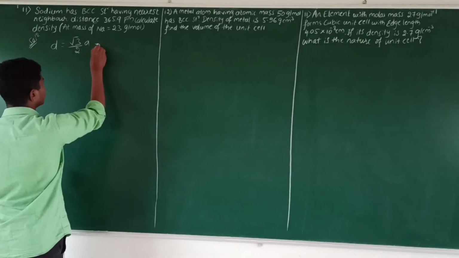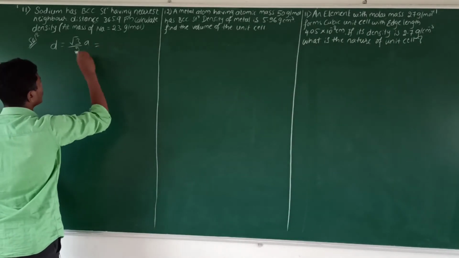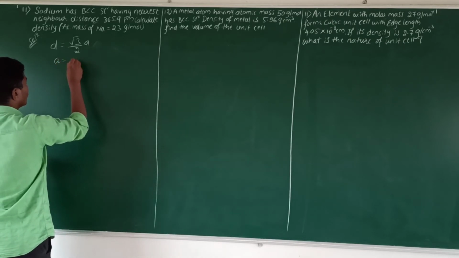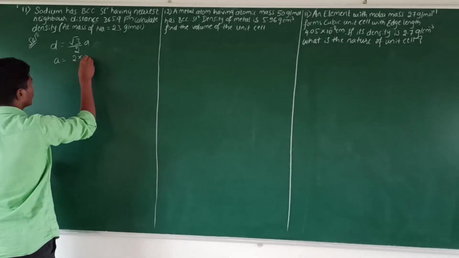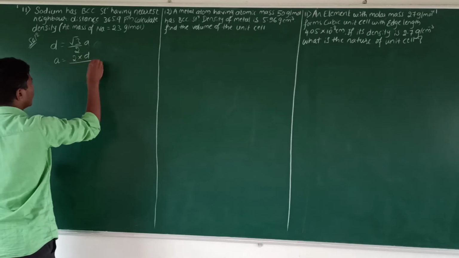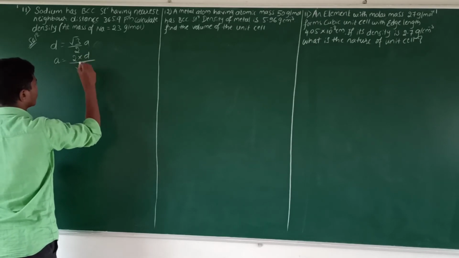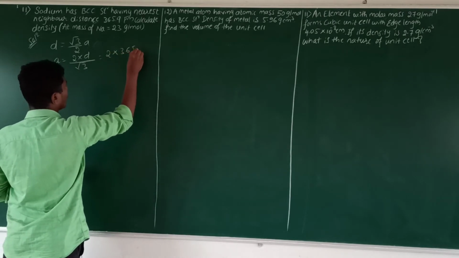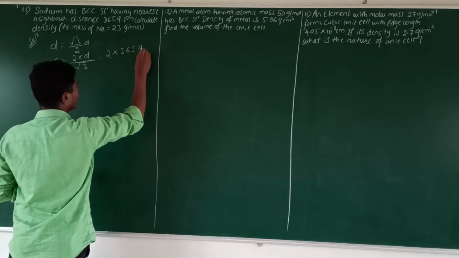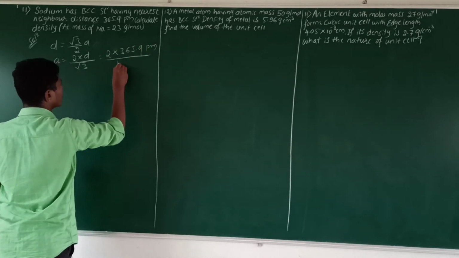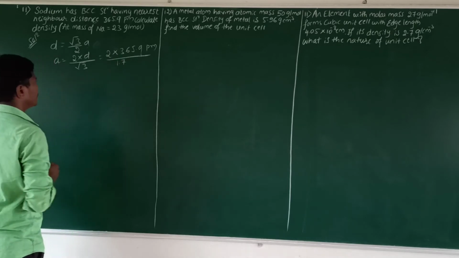Then we want the edge length here, that's why A is equal to 2 into D divided by root 3. 2 into D is 365.9 picometer, divided by root 3, which means 1.7.